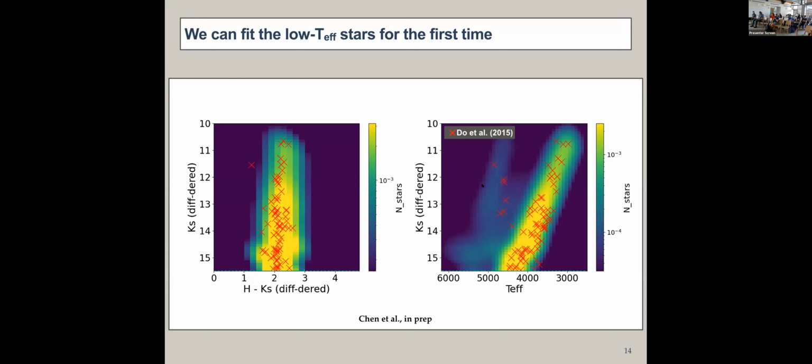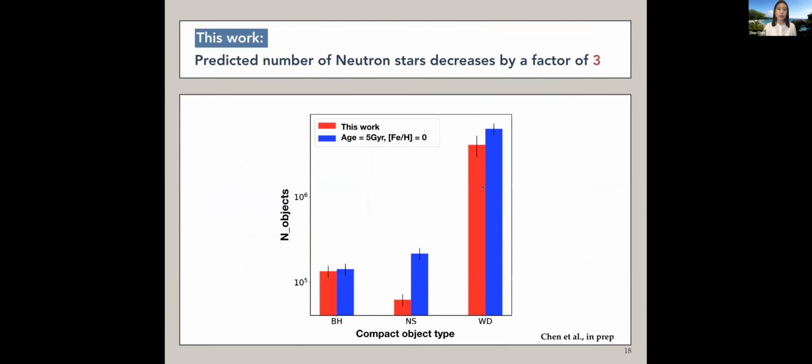Hi, I was just curious if you understand why only the neutron star number went down by a factor of 3, but the black hole and white dwarf numbers seem to stay relatively the same. Sure, that's a good question, because I was also exploring this right now, and according to my current understanding, it seems like the age influences the number of neutron stars a lot.